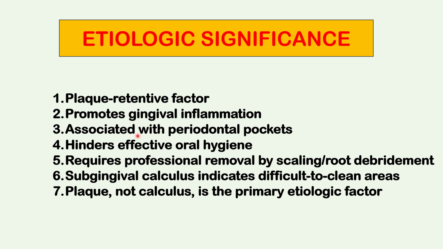Also, its presence is associated with periodontal pocket formation, and it hinders effective oral hygiene, and there is a requirement of professional removal by scaling and root debridement. Also, subgingival calculus indicates difficult to clean areas, and plaque, not calculus, is the primary etiological factor, whereas calculus is a contributing factor for periodontal disease.